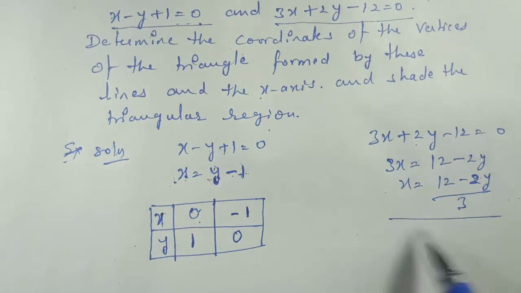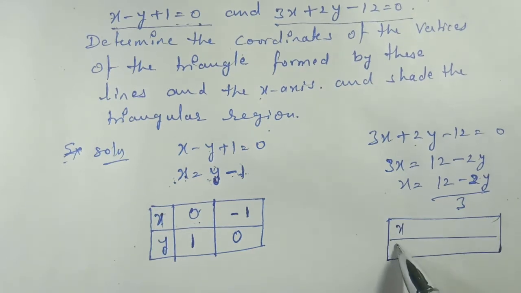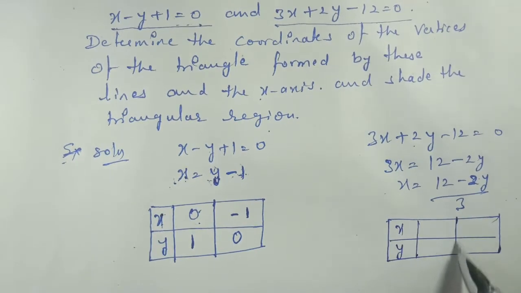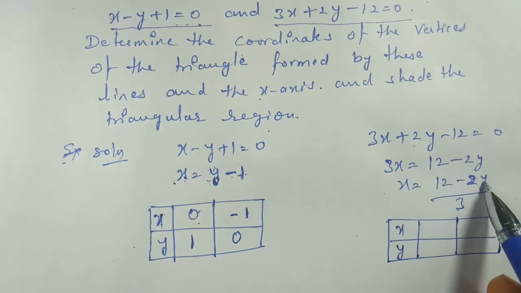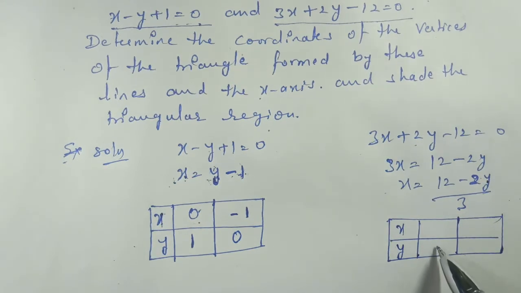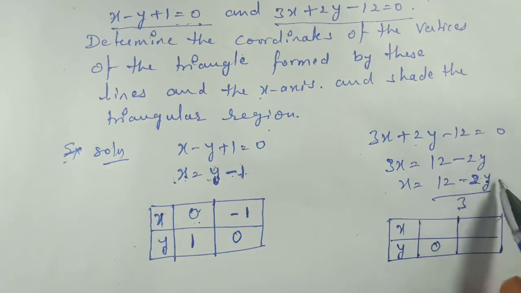Over here, let us find the domain for the other equation also, x and y. Let us take the value of y equal to 0. If we take y equal to 0, then 2 into 0 will become 0, so this portion will vanish.